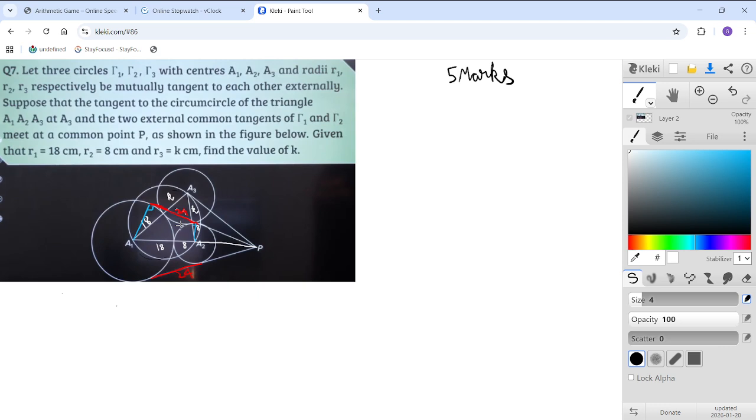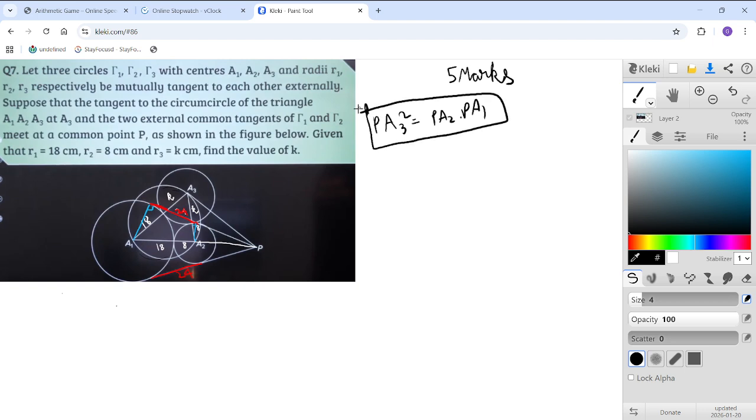There are plenty of other approaches. First, you can use the tangent secant theorem, right? Considering this bigger triangle, PA3 square is PA2 times PA1, and from here you can work something out.